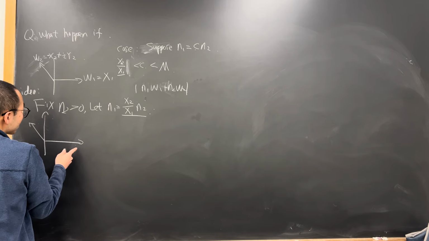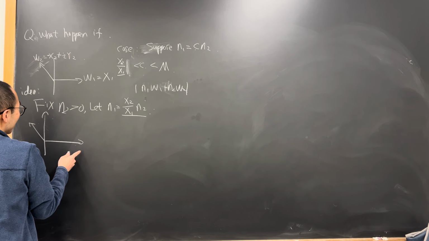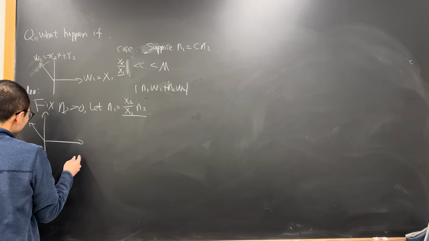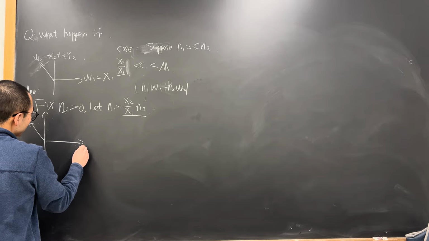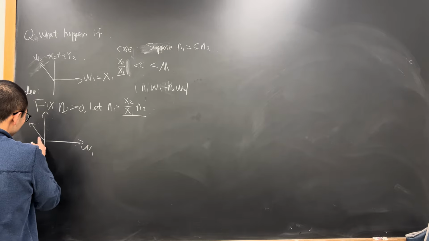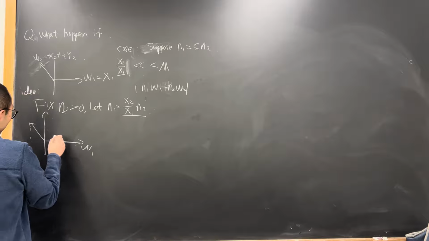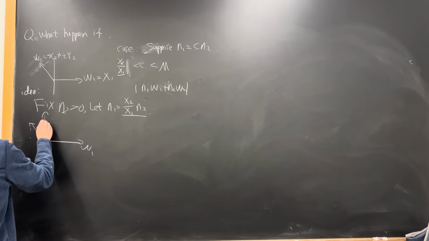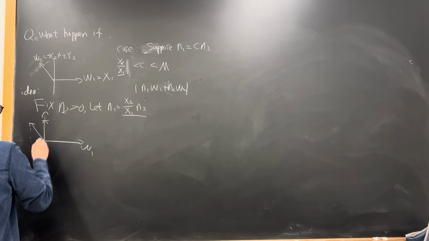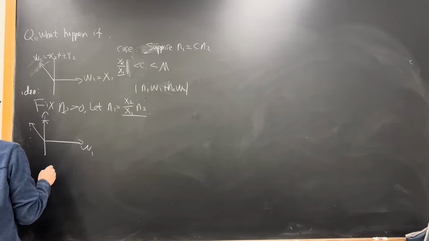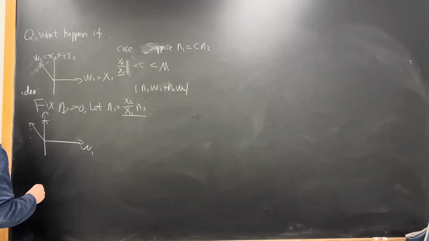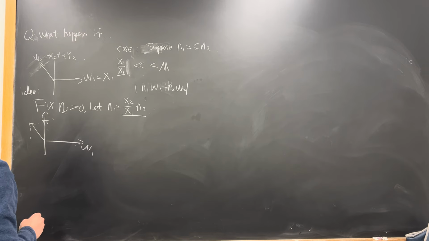When you sum them up, even if omega 1 becomes longer, this one is also being kept, so this is like y2 times N2. So how does this work?